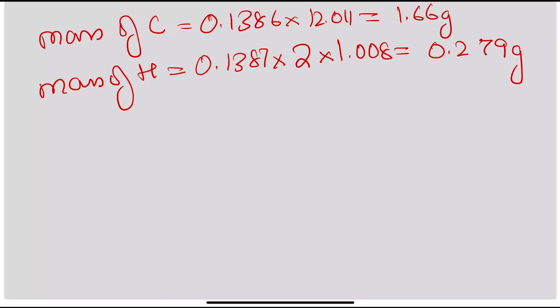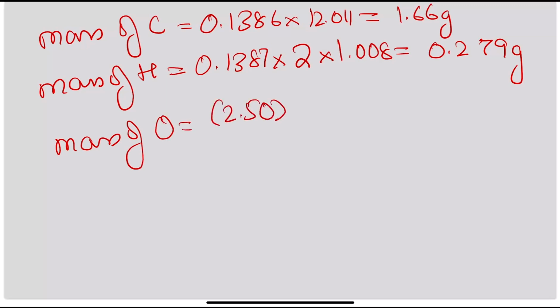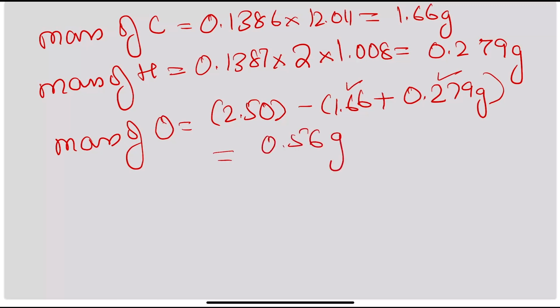Yeah? So this will let us find the mass of oxygen, which is just going to be 2.50 grams minus 1.66 plus 0.279 grams. Why? Because the compound contains carbon, hydrogen, and oxygen. So if I know how much carbon and how much hydrogen, I can find the amount of oxygen. So that is 0.56 grams.